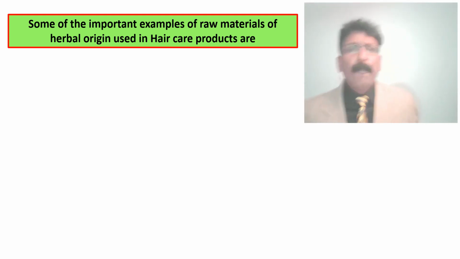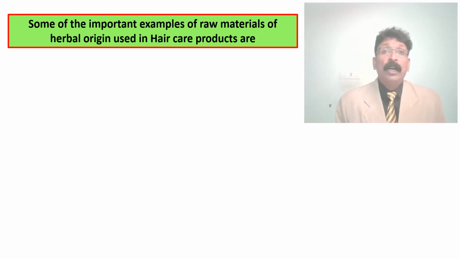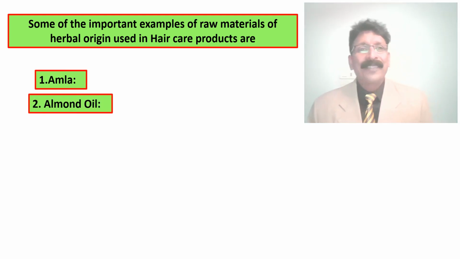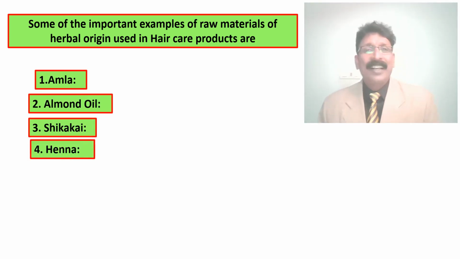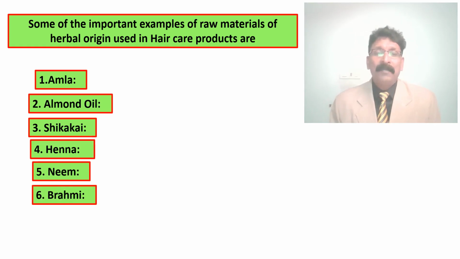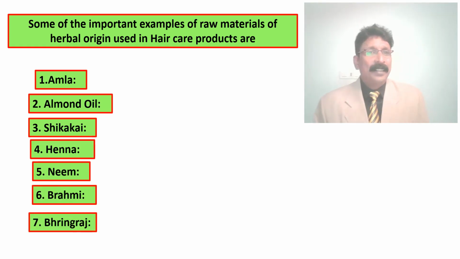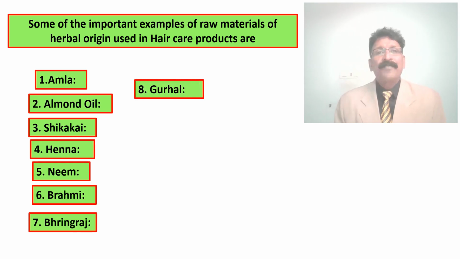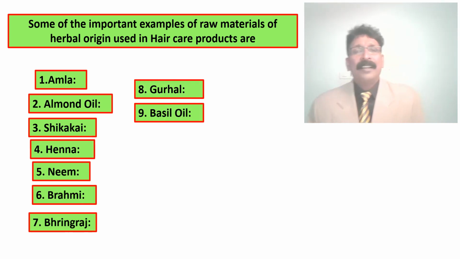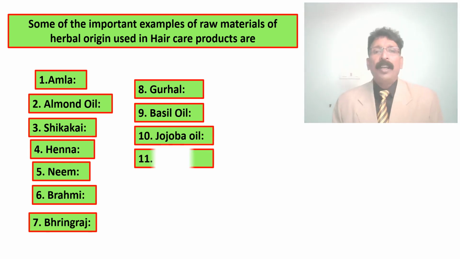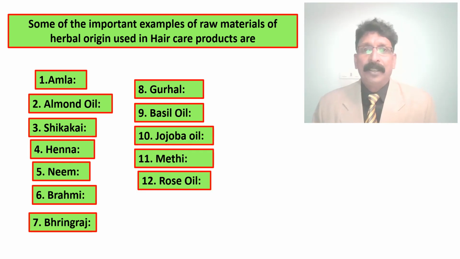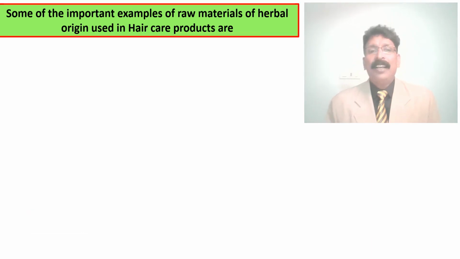Some of the important examples of raw materials of herbal origin used in hair care products are amla, almond oil, shikakai, henna, neem, brahmi, bhringraj, gurhal, basil oil, jojoba oil, methi, rose oil, sage oil. We are going to explain them briefly.